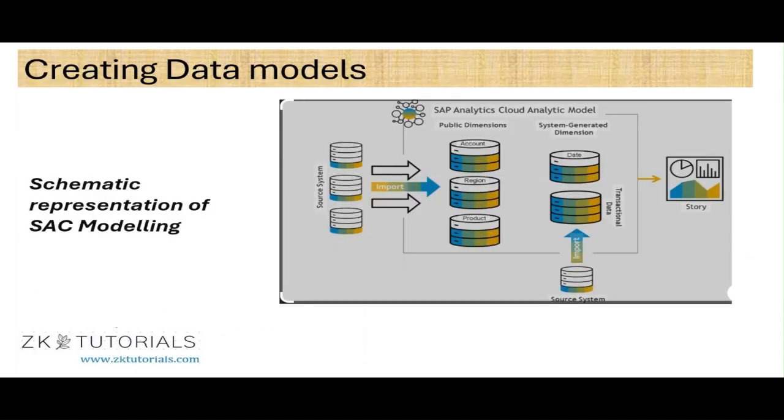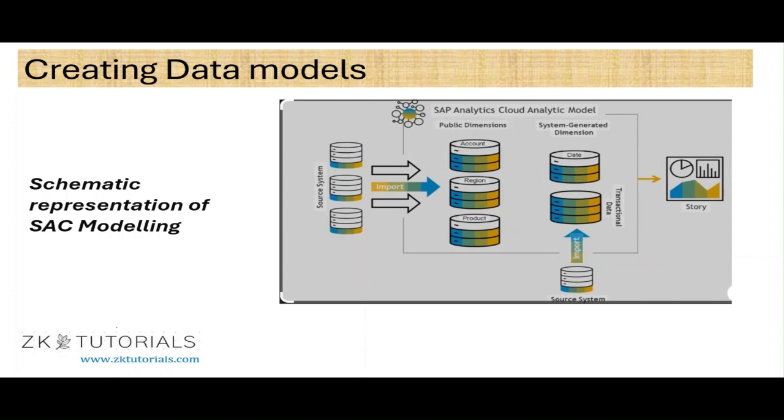So, this is the schematic representation of SAC modeling. Data is imported from the source system into the SAP Analytics Cloud model. In the model, we have some important attributes called dimensions.